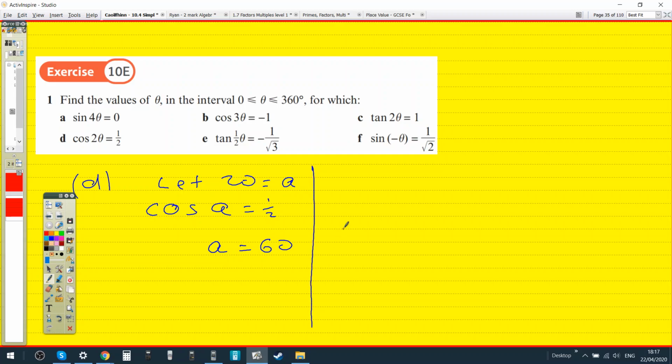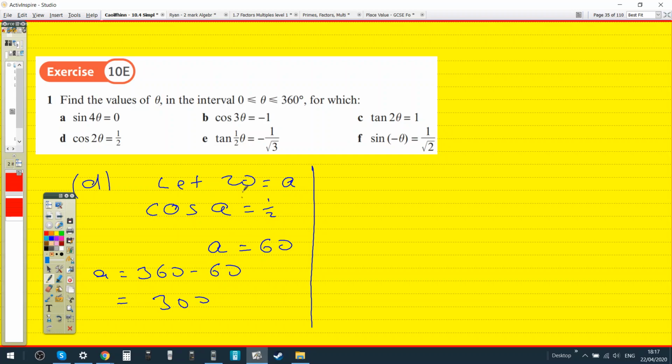Let's do that at the very end. So would we find out the other numbers? Yep. So then we do 360 minus 60.